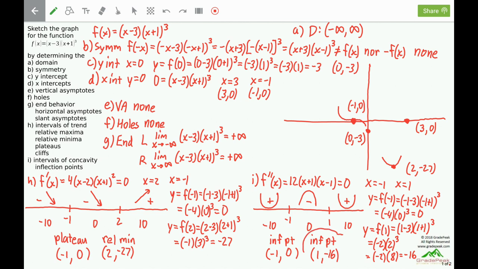We should have an inflection point at 1 comma negative 16. That's going to be somewhere in here. And that's going to be concave down on the left of it. So it's got that curving downward sort of effect going on here, like so.